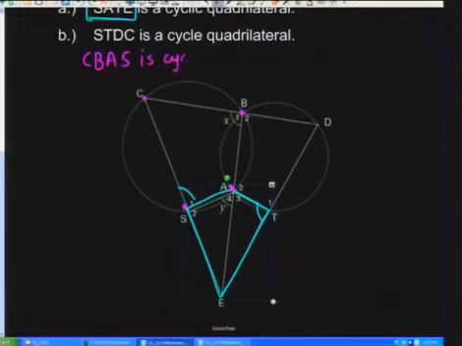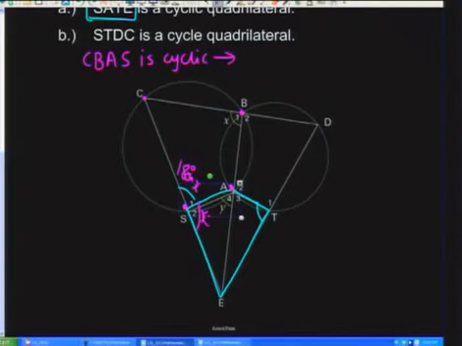If it is cyclic, then what do we know? That its opposite angles are supplementary. So that gives me that that angle is 180 minus x. Okay? And we've also got that this line is straight. So how much is this angle over here? That's also x.